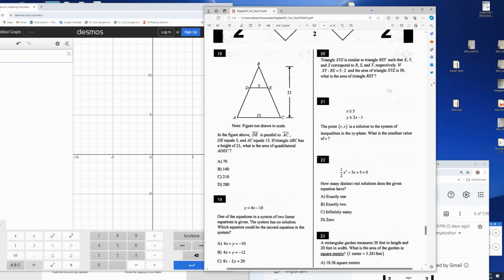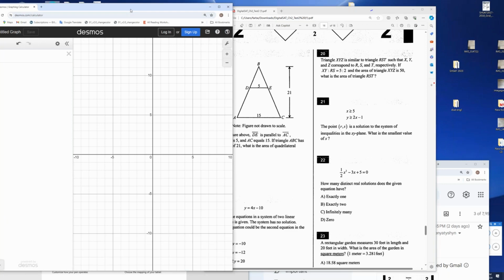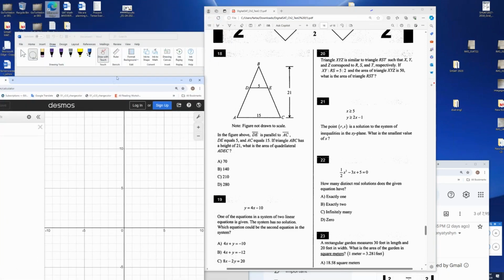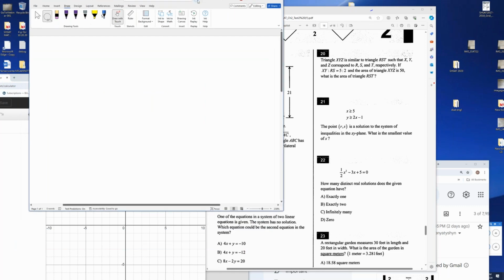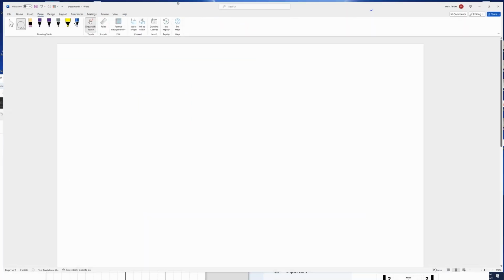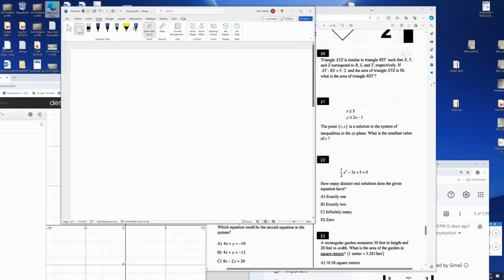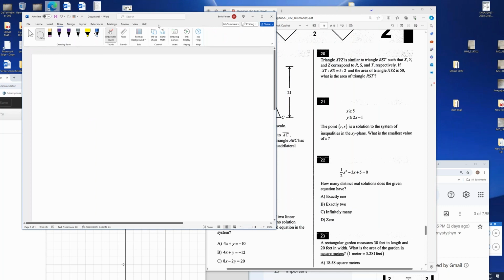We have the triangles. Continue with this pen. Okay, for number 20. And pretend for number 20 we have two triangles.